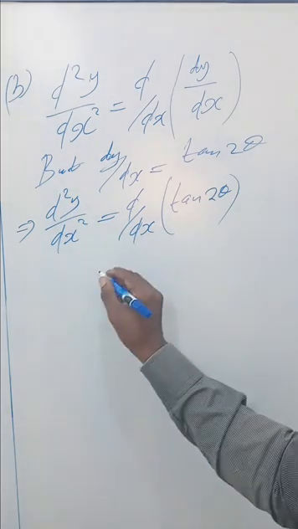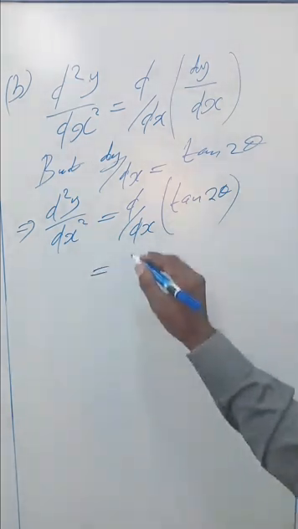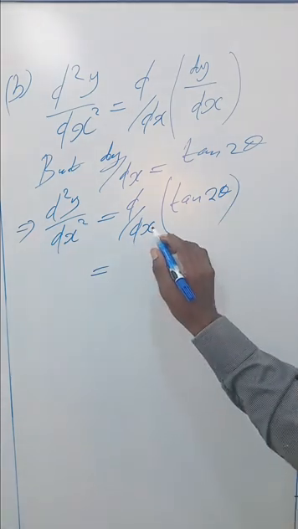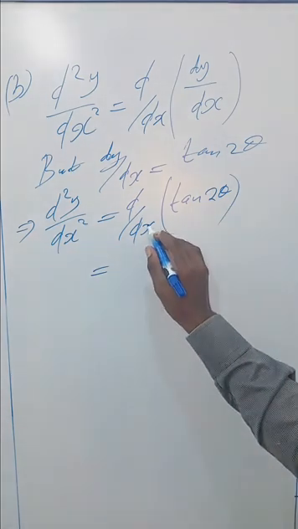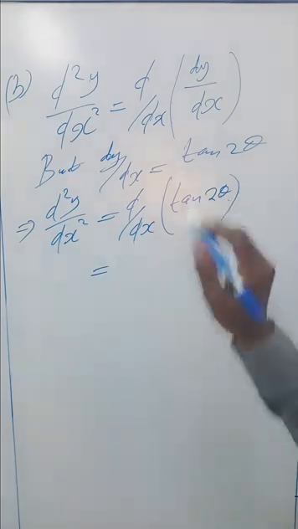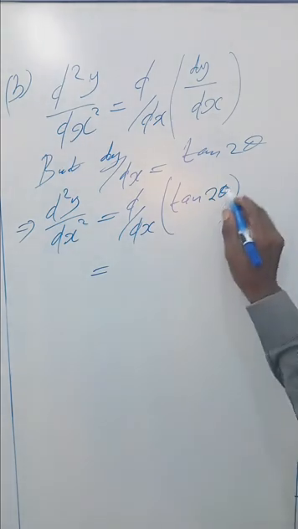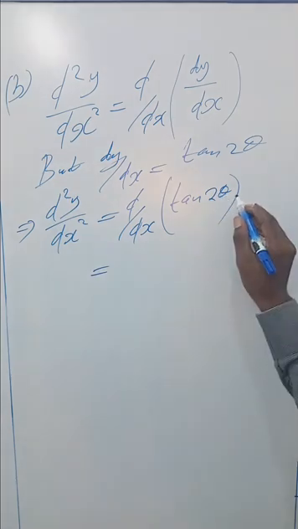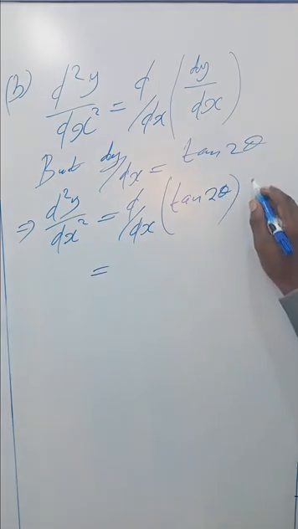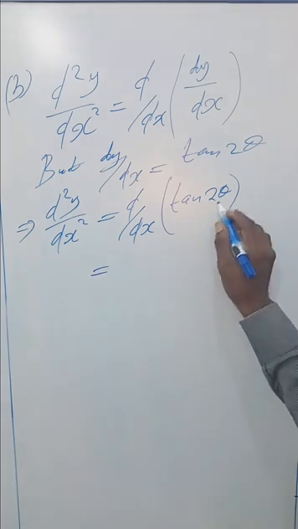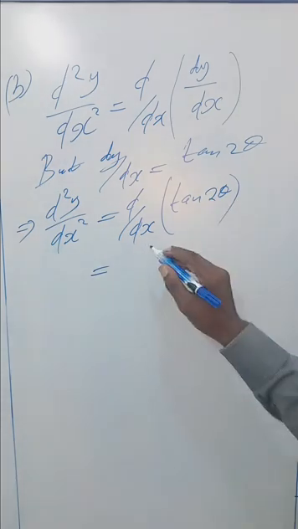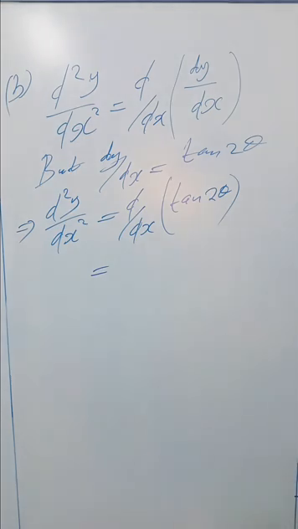Look here, we're differentiating with respect to x, yet here we have theta. So what does it mean? That the factor d theta/dx will remain in the expression on the right-hand side.